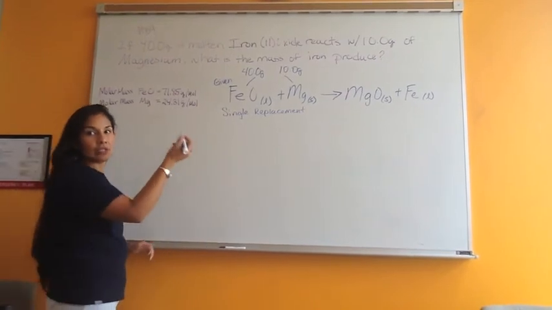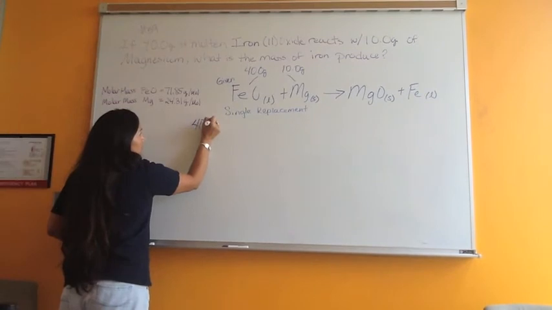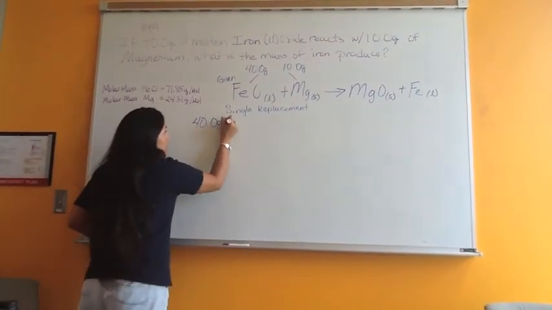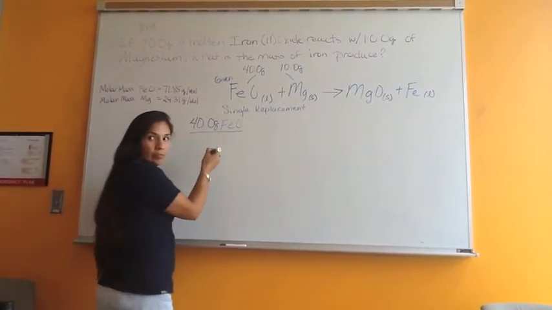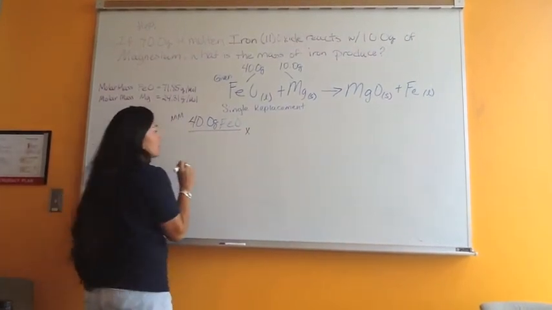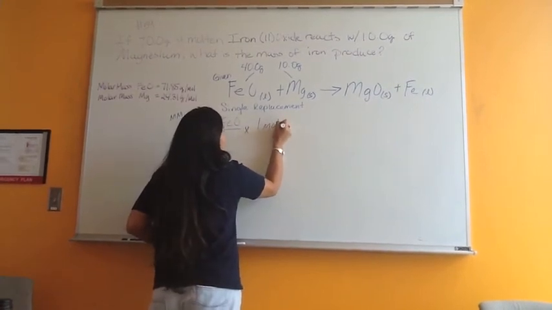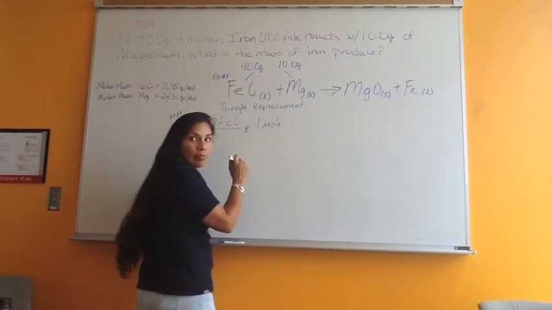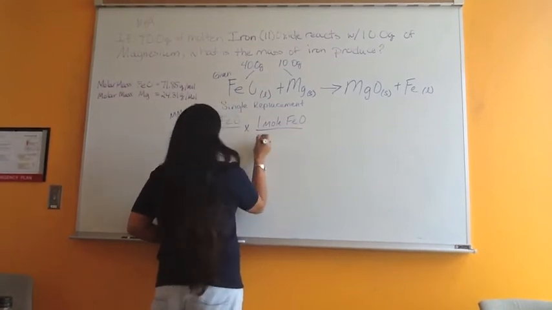So we're going to start with what is given, which is 40 grams of our iron oxide. We're looking to cancel out our grams to balance this out, with moles for every iron oxide.